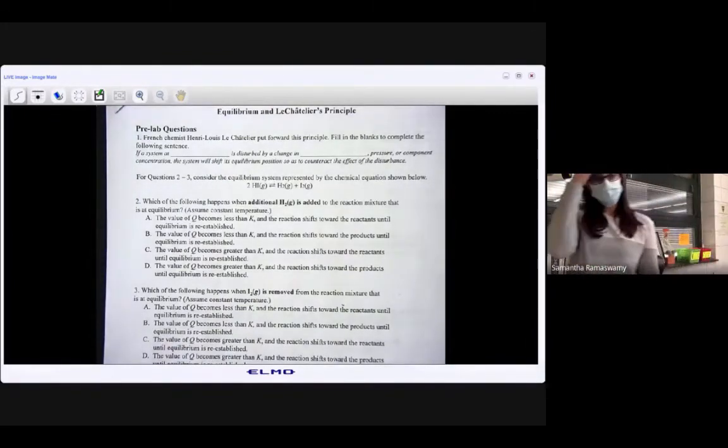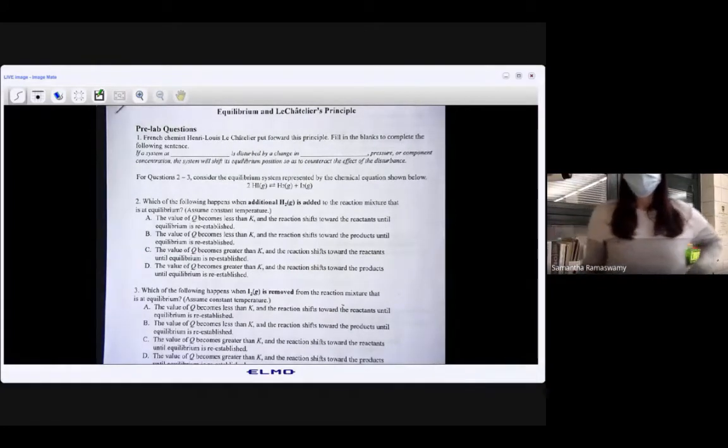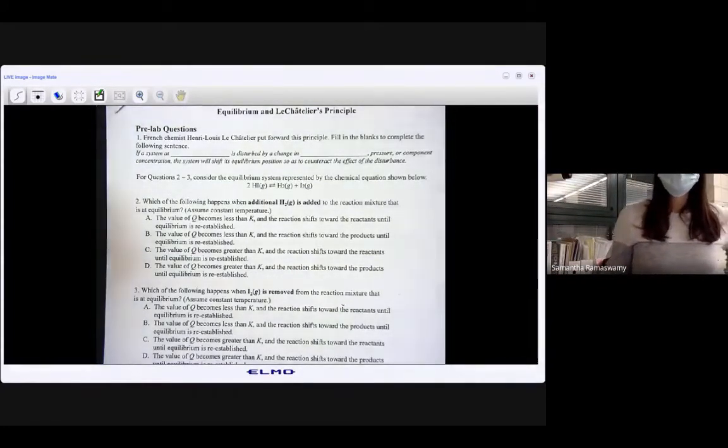For number 1, French chemist Le Chatelier put forward this principle: fill in the blanks to complete the following sentence. If a system at blank is disturbed, what does the system have to be at when it's disturbed?